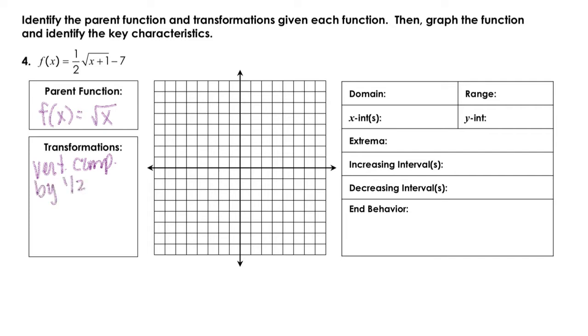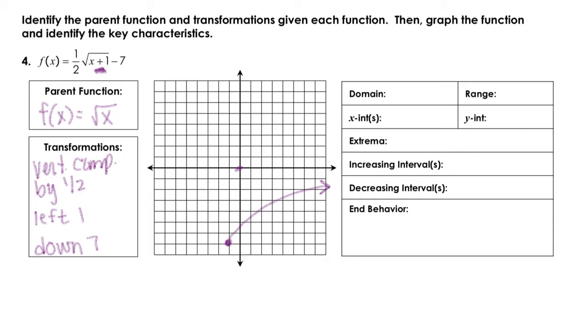We also have a movement to the left 1, and then we also move down 7. So from 0, 0, from that original point, we're going to go left 1 and then down 7. And notice again, this is not going to be reflected over any particular axis, so it's going to run something like this. There's our square root function.